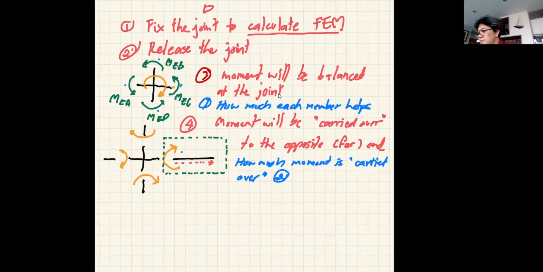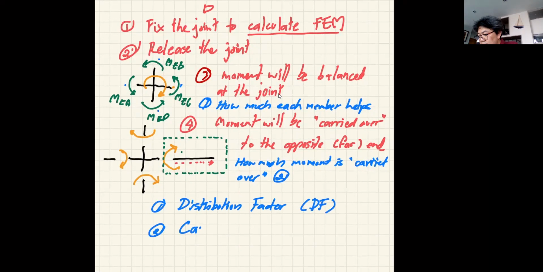The answer to question number 1 is something we call the distribution factor, or in short, DF. The second is something we call the carryover factor.